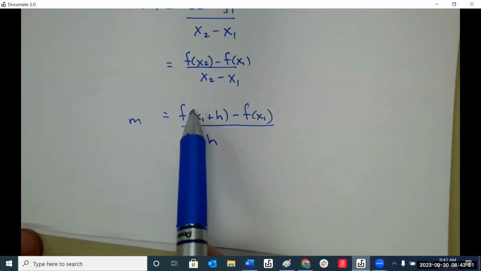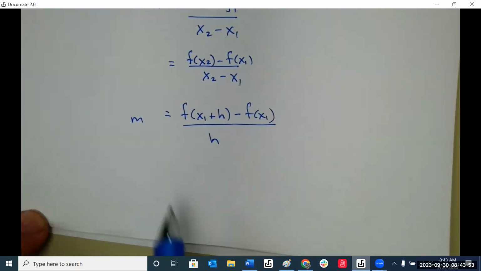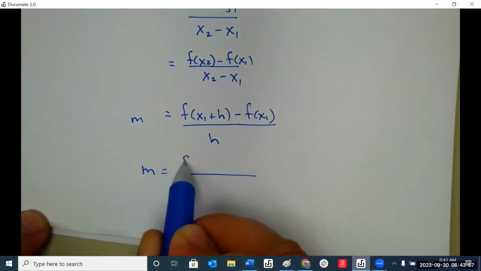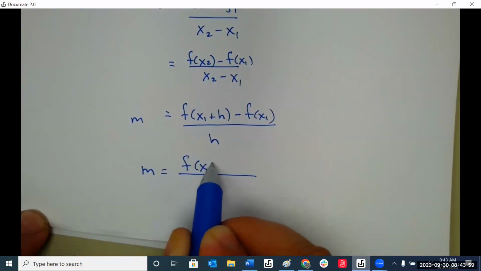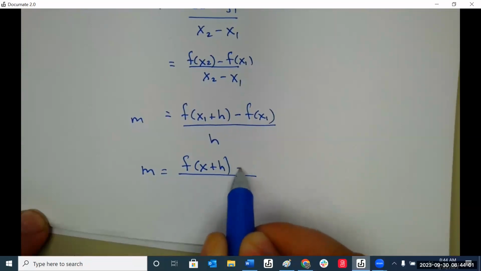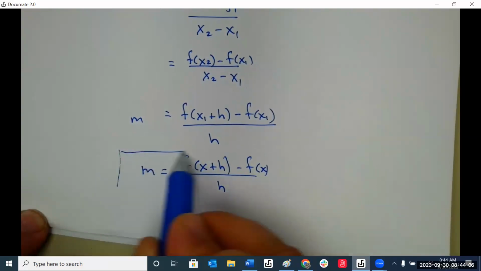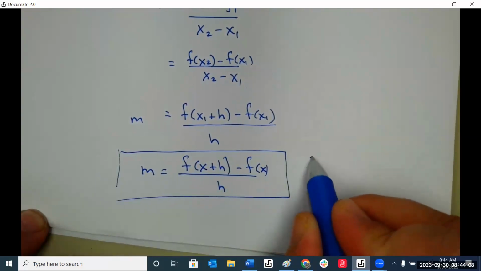Since that's f of x1, this is y2. So our formula is f of x plus h minus f of x, divided by h. This is our difference quotient.